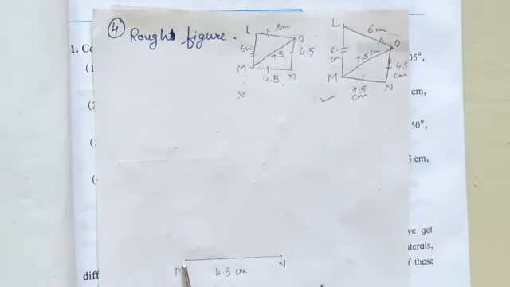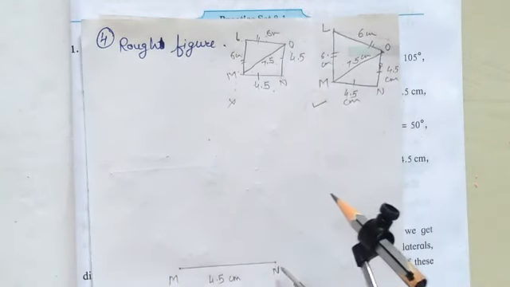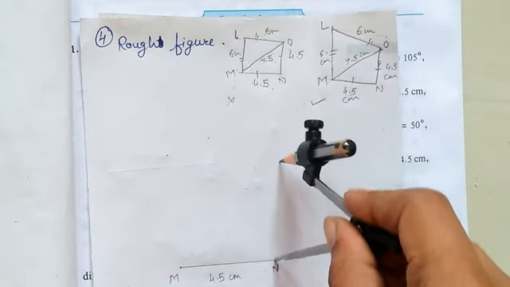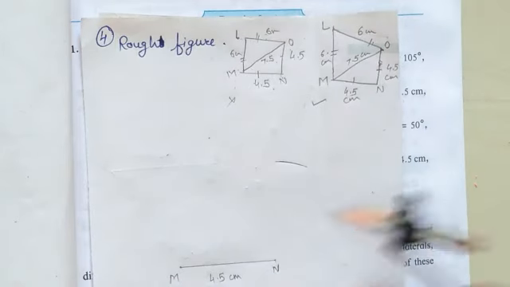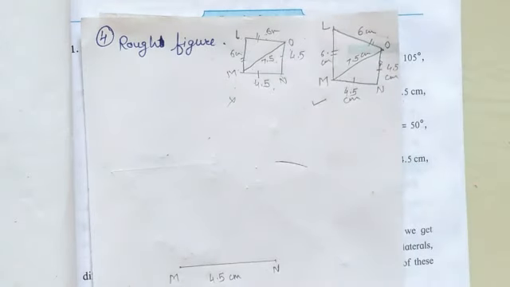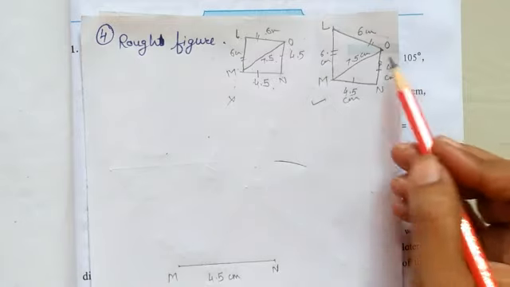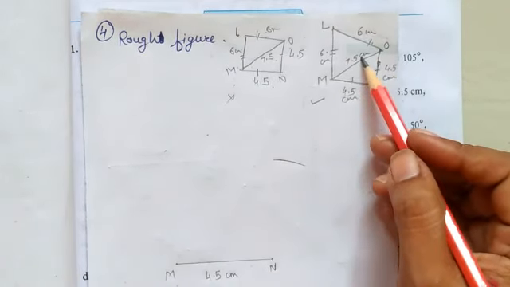The same distance we have to take into the compass, and then we can get one arc. So this one will be our ON, which is of 4.5 centimeter. But students, here to get the exact position of O, we have to draw the diagonal at first.